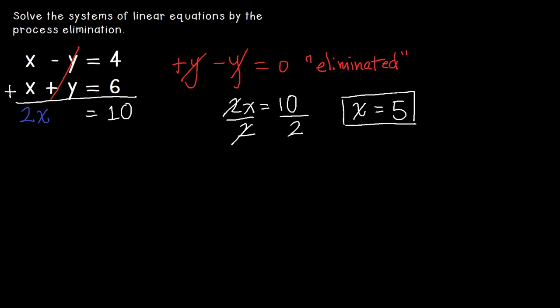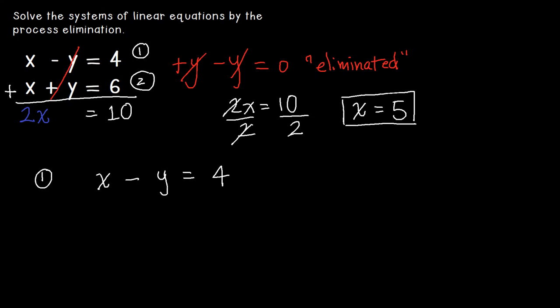Now, using this, we can solve for y. Our plan now is to plug this into either equation 1 or equation 2. It doesn't matter which one I plug into because they will ultimately have the same answer. So I'm just going to use the first equation. Equation 1 is x minus y is equal to 4.